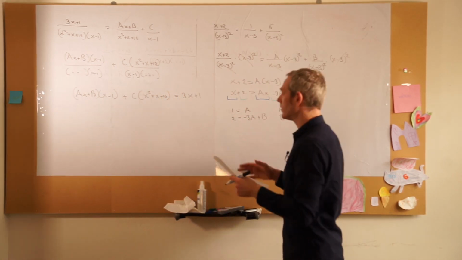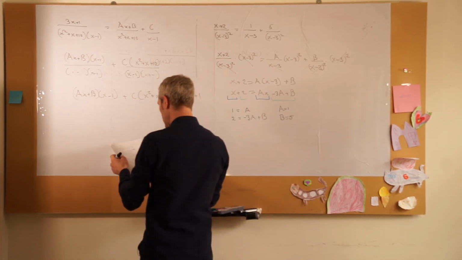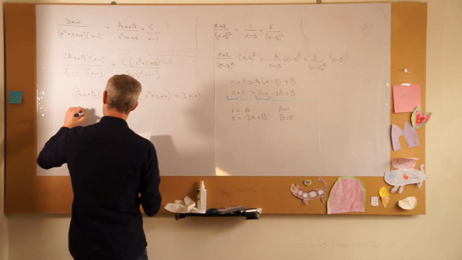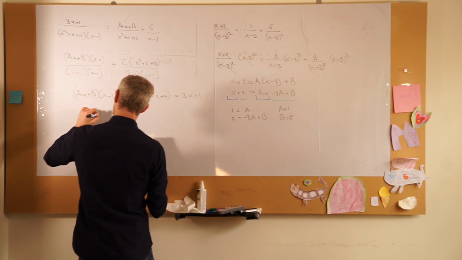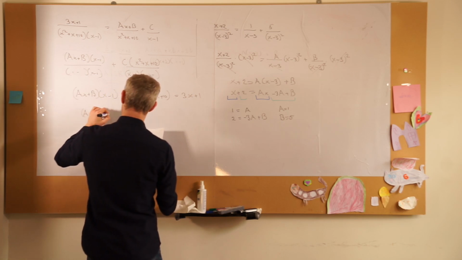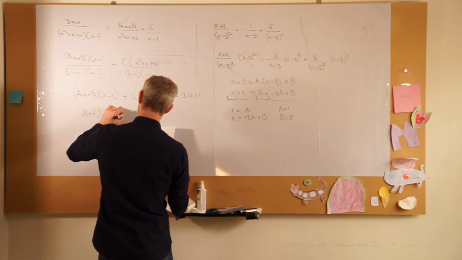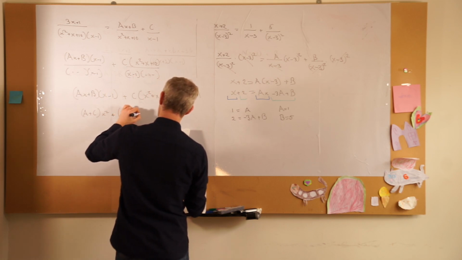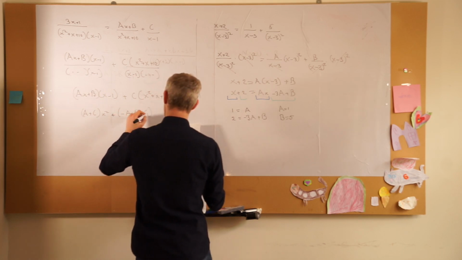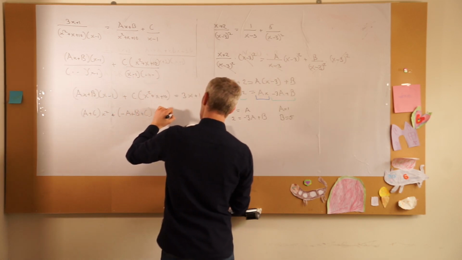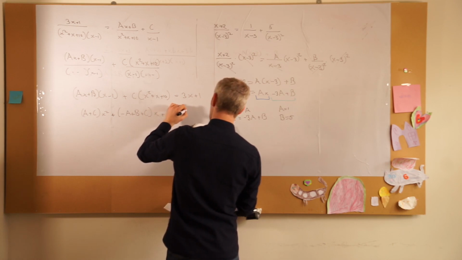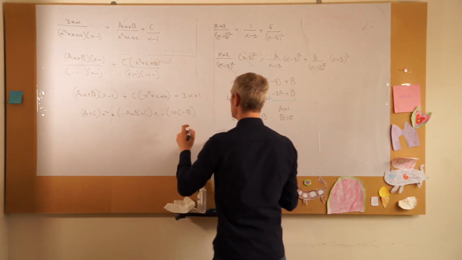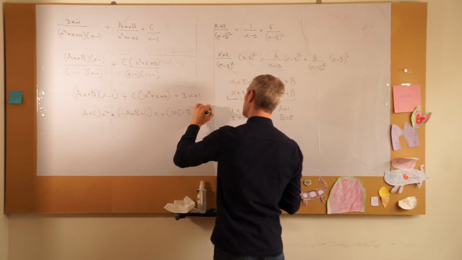And if we write this all out, we will get (a + c) times x squared plus (-a + b + c) x plus (10c - b) has to be equal to our 3x + 1.